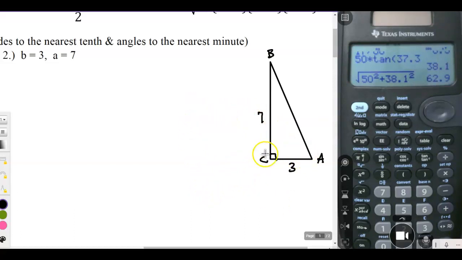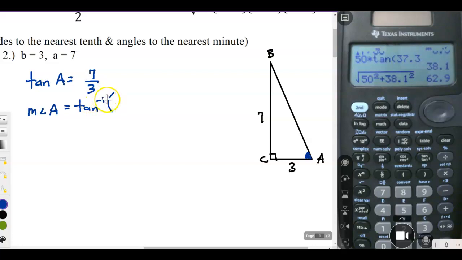So once again, I'm going to use some trig right here, and I can use it to find A. I can do opposite over adjacent. Once again, that's tangent. So we'll do tangent of A will equal, what is it, 7 over 3? Rise over run, right? Now that means if tangent of A equals this, then the measure of angle A, since my answer is an angle, I know I have to do the arc tangent, right?